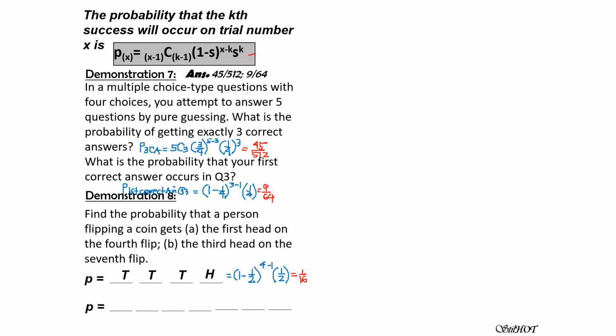So that is the third head on the seventh flip. So we draw 7 trials, 7 blanks. So this should be head. And this is the third head.